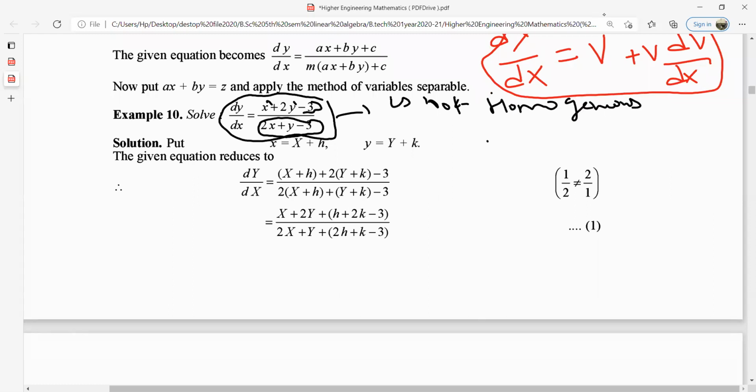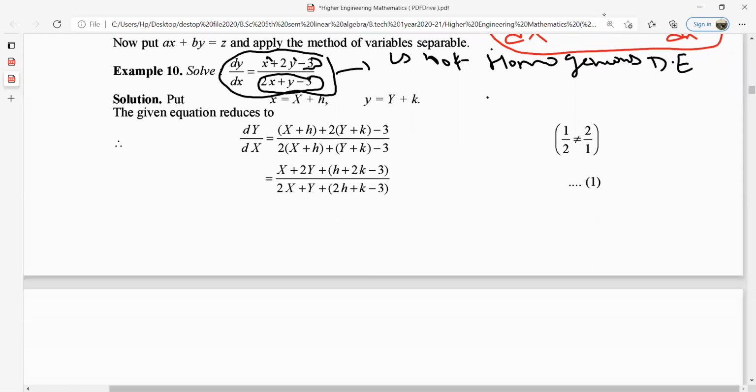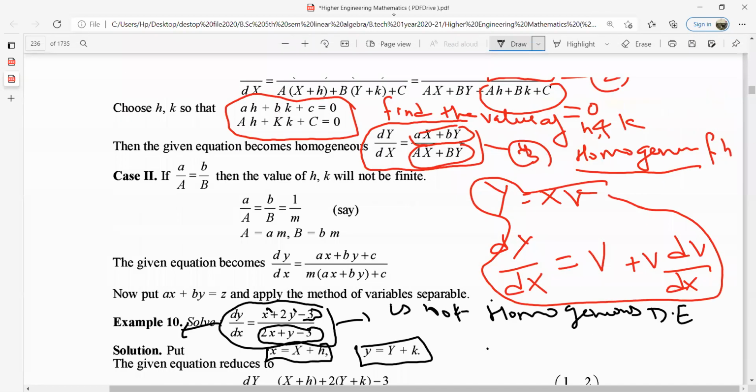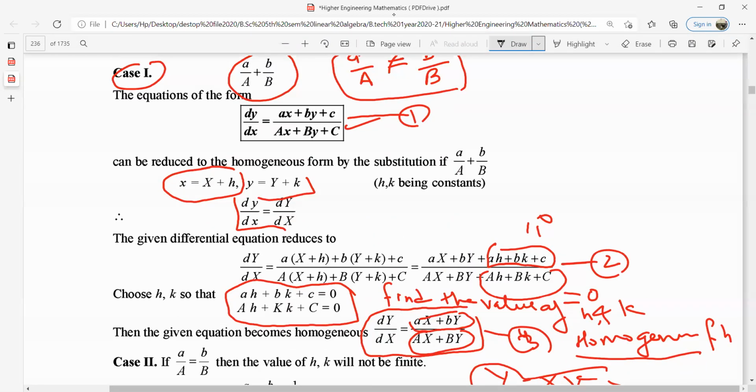So in the case, we have to assume firstly small x equal to capital X plus h, small y equal to capital Y plus k. Another thing, you have to just compare this differential equation with the general differential equation. Your general differential equation rewrite in this manner.